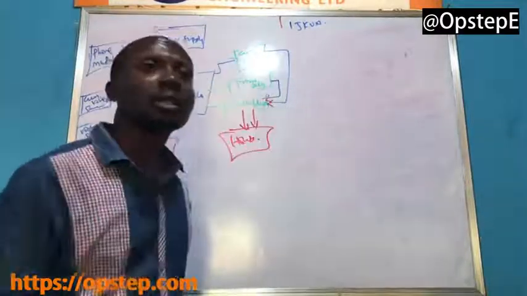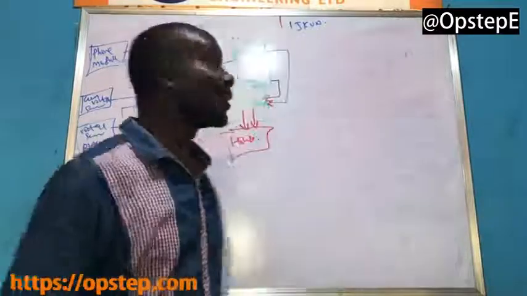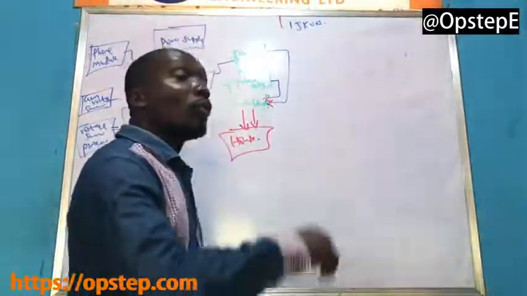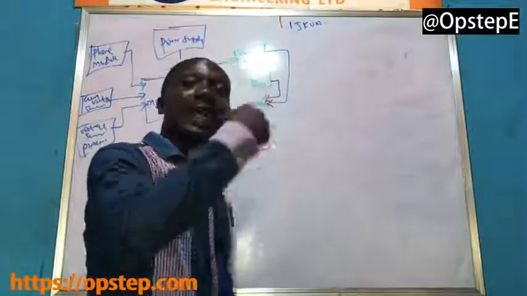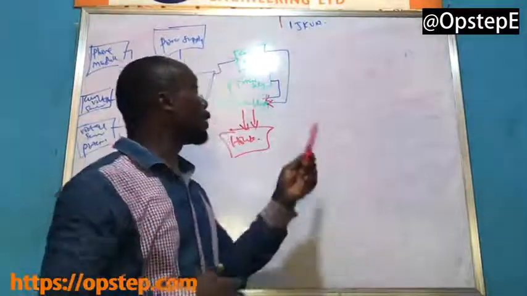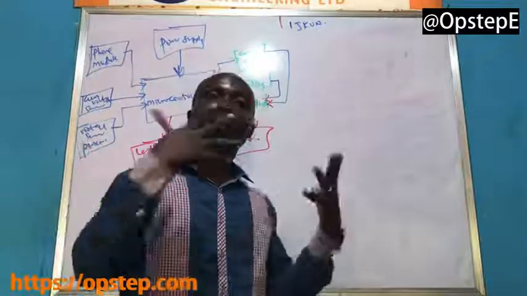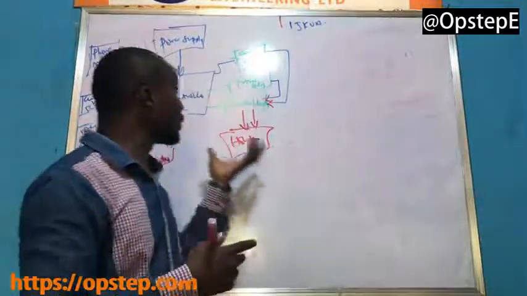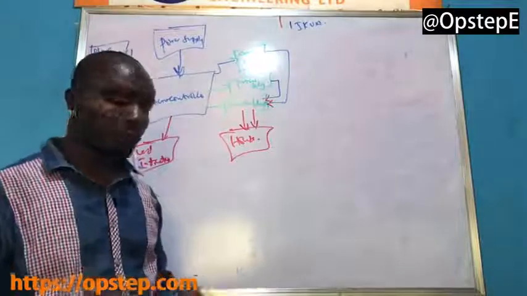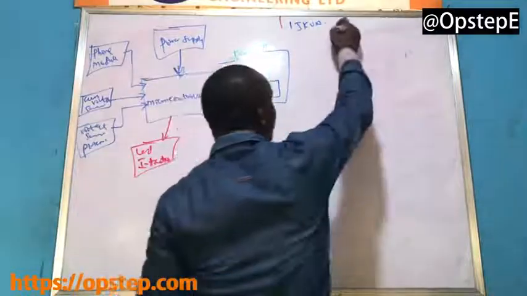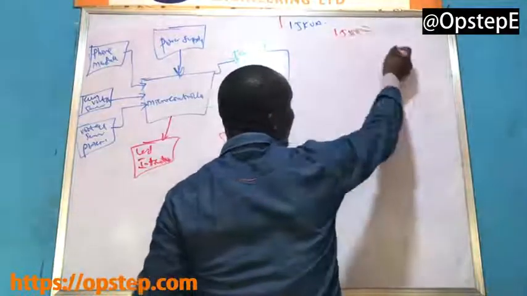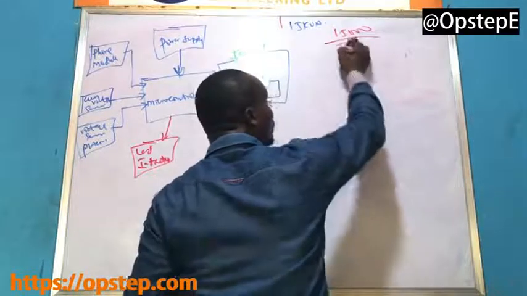Alright, so when we say 15 kVA in design, what it means is that we need to find out at what maximum current this system would be used. So we are going to say 15,000, which is power, divided by voltage, which is roughly 240.